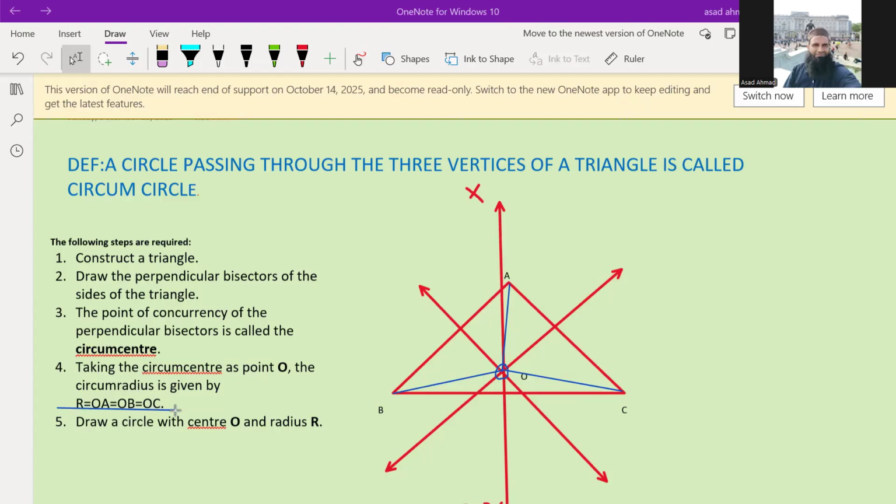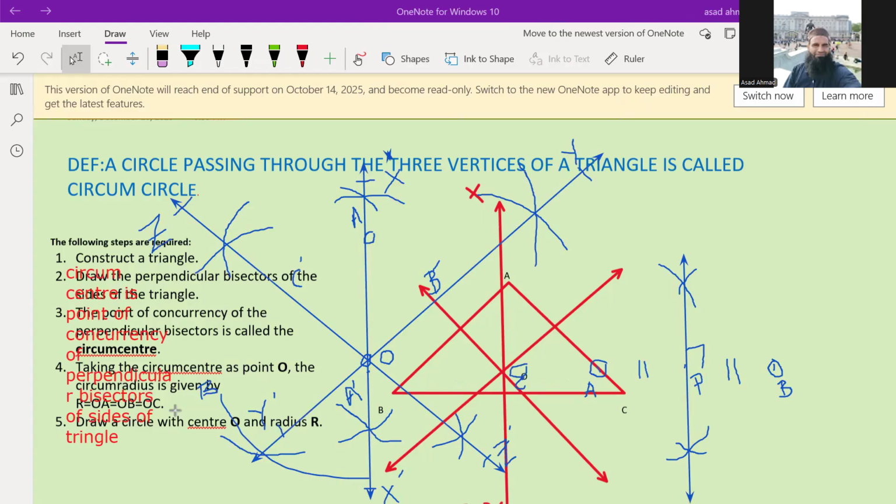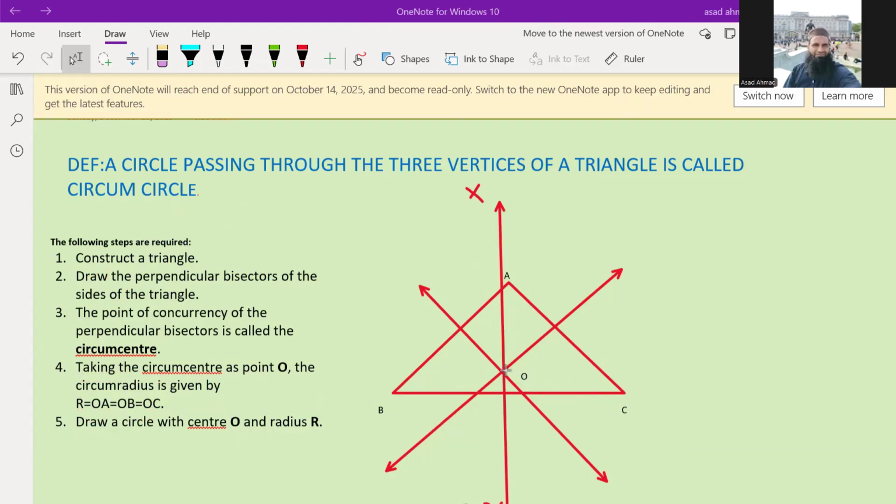Now, by taking O as center, as mentioned in the diagram, we will draw one circle.